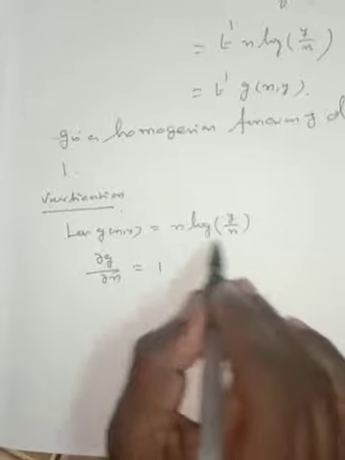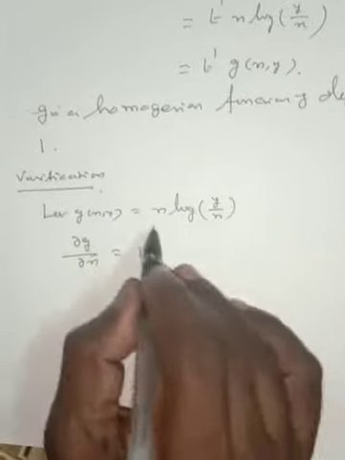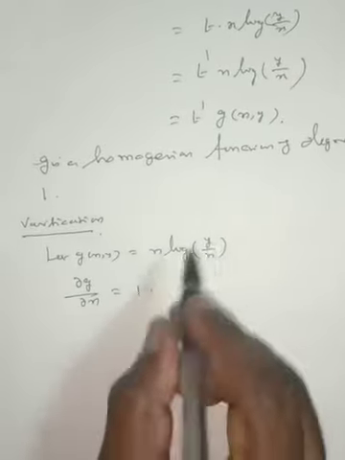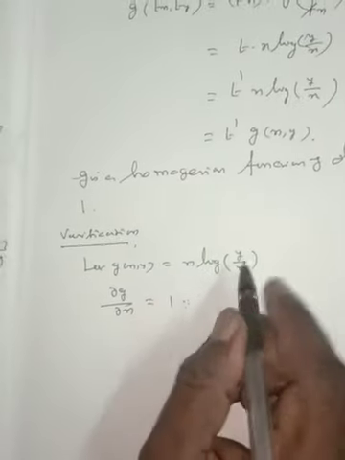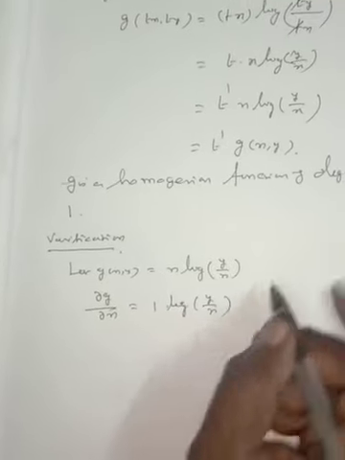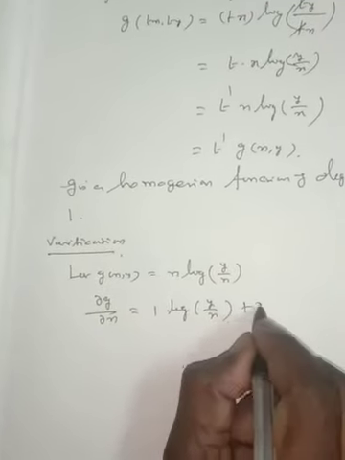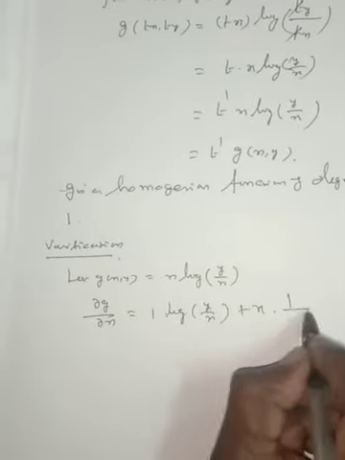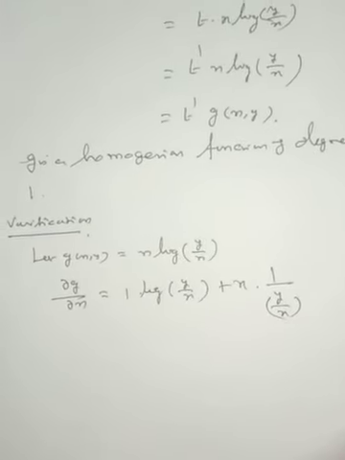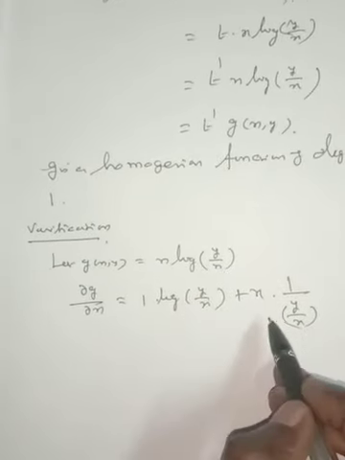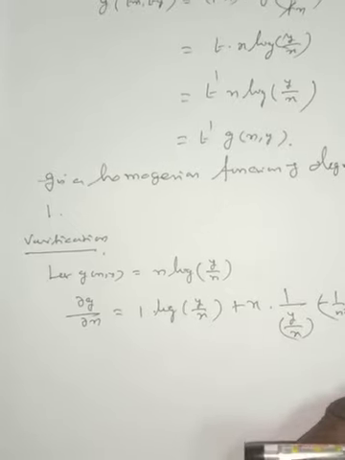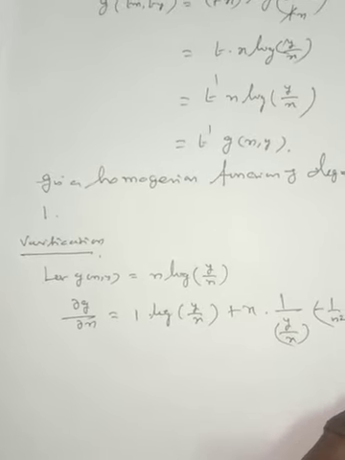There are two ways; one is the uv format. So 1 into log of y by x plus x into 1 by y by x, differentiated with respect to x, so minus 1 by x square.